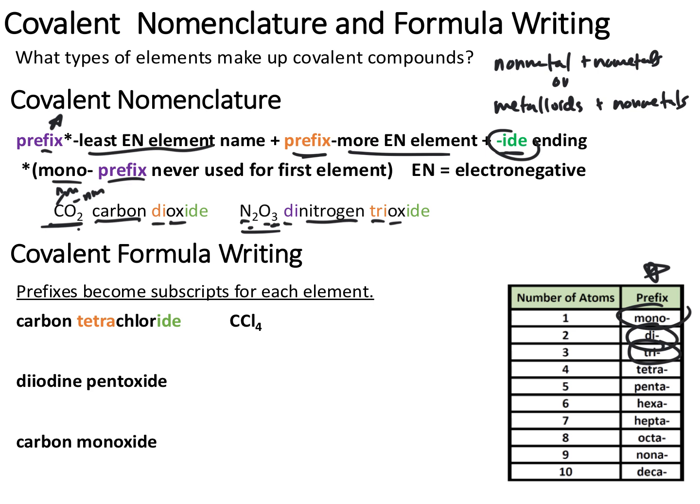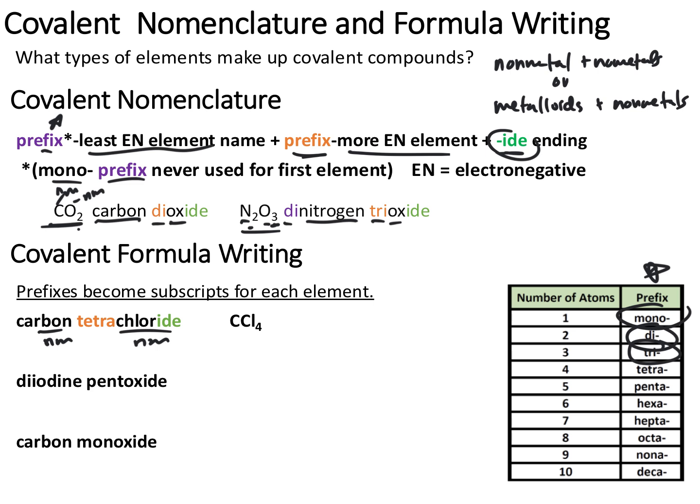Okay, so now we're going to look at the formula writing. Now the prefixes, again, guys, just like we used the subscripts to tell us what prefix we were going to use in the name, the prefix is going to tell you what number of subscript you should write. So carbon tetrachloride, first of all, we've got our nonmetal. Chlorine is a nonmetal, so we know this is covalent.